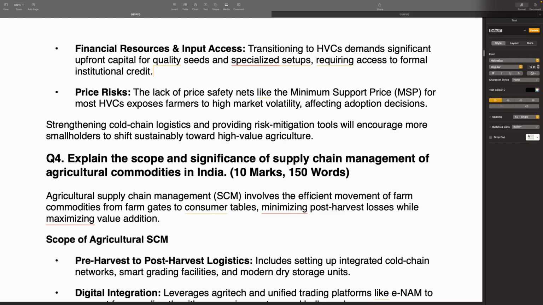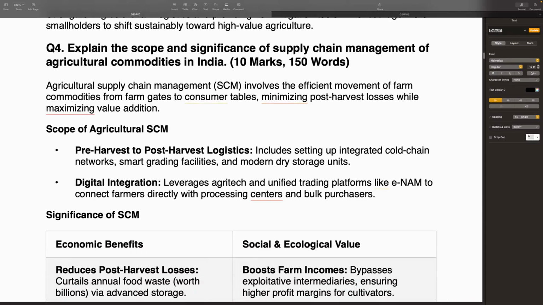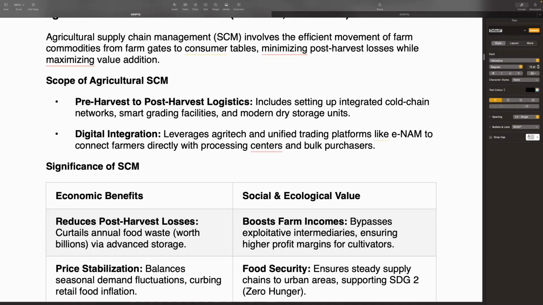Explain the scope and significance of supply chain management of agricultural commodities in India. Agricultural supply chain management involves the efficient movement of farm commodities from farm gates to consumer tables, minimizing post-harvest losses while maximizing value addition.